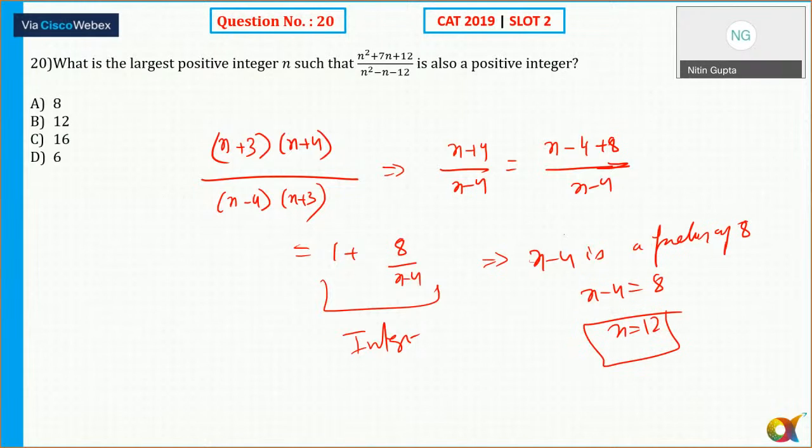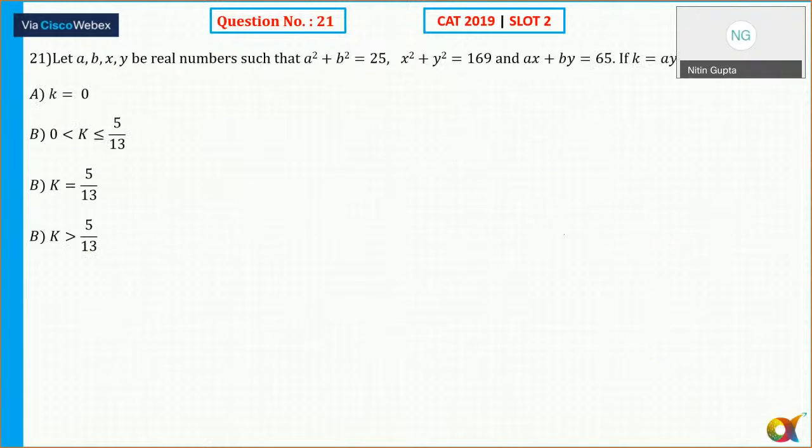So the answer will be option B, which is equal to 12. So this was also an easy question. Is that clear? Can we move to the next slide now? Let's move ahead. Question number 21.